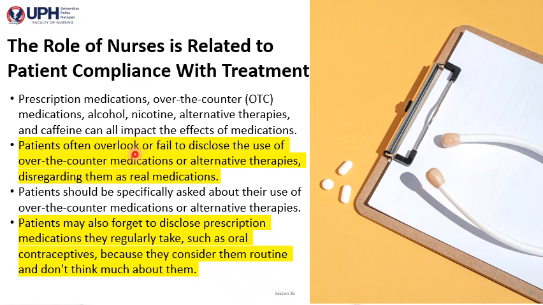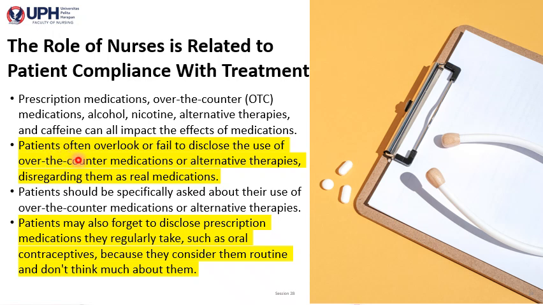Now, what are the roles of the nurses related to treatment with patient compliance? We need to make sure that the patient understands that OTC medications, alcohol, nicotine, alternative therapy, and caffeine can have an impact on or give effects to the use of medication.